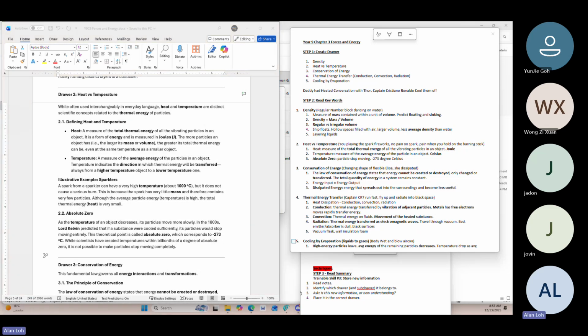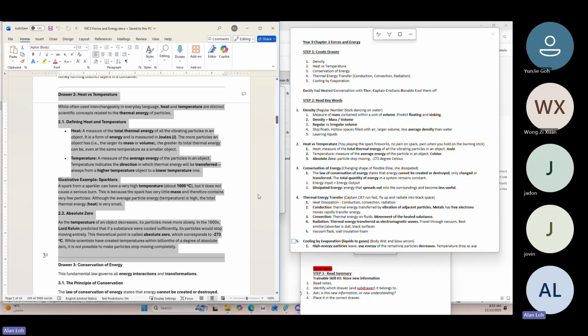Okay, 1 minute passed. So now 1 more minute. If you finish reading because you are a fast reader, read it again and relate it to the drawer or sub drawers. 20 seconds.